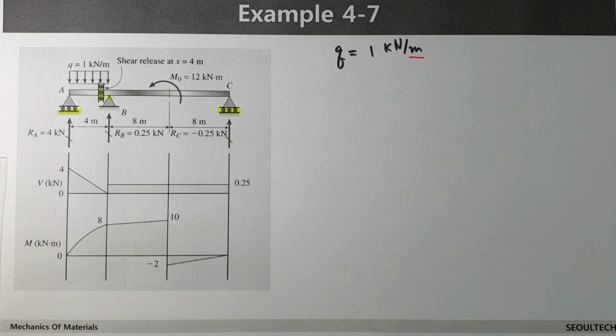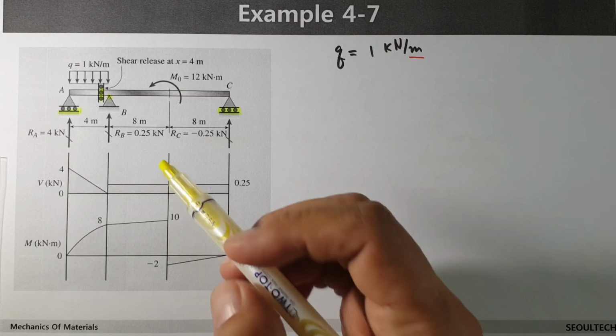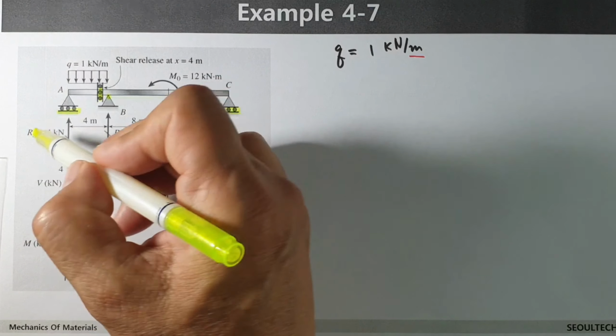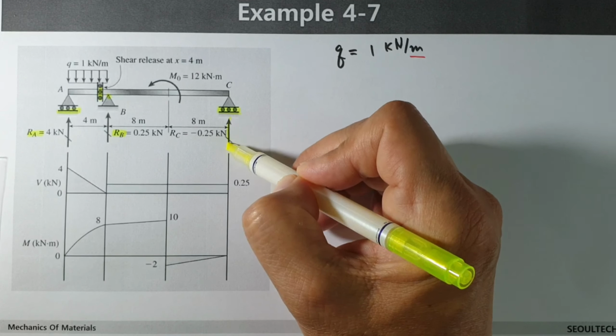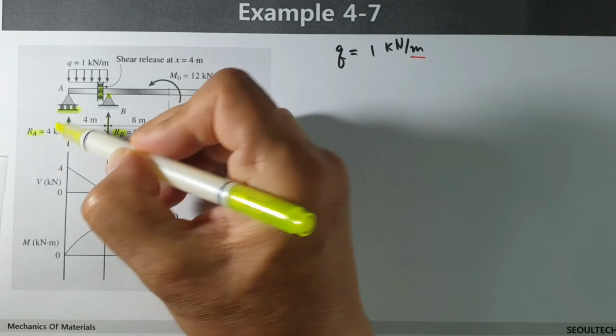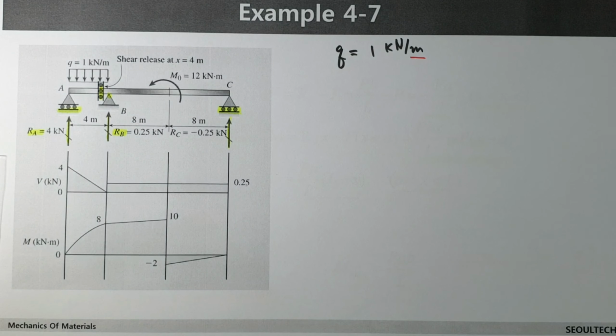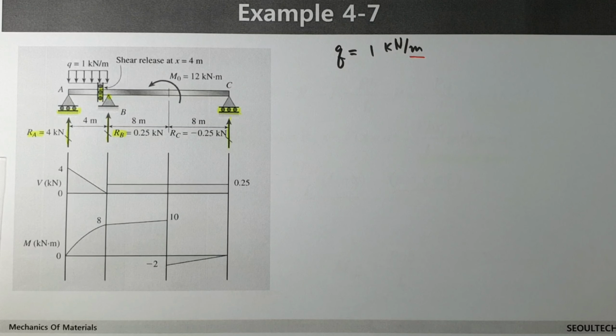In this case, we would like to find the shear force diagram and bending moment diagram. In order to find those diagrams, firstly we must find the reaction values. Reaction at this point is RA, and then RB, RC. Let's think about it step by step.